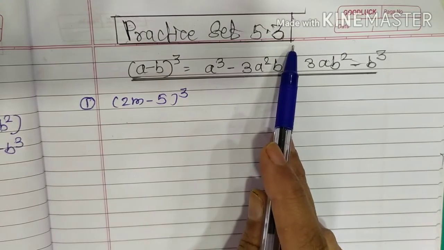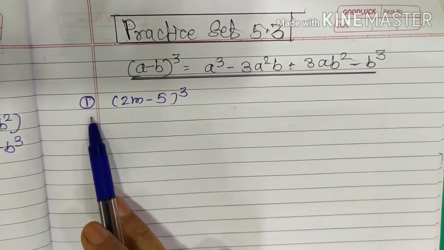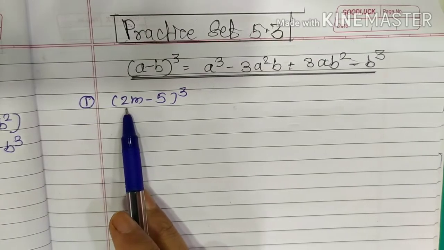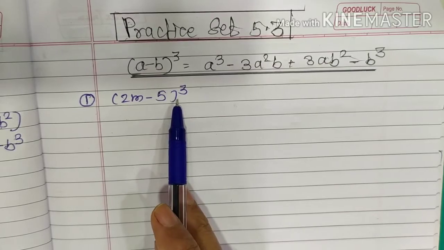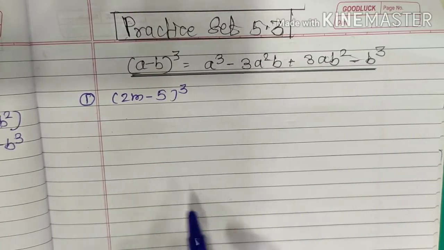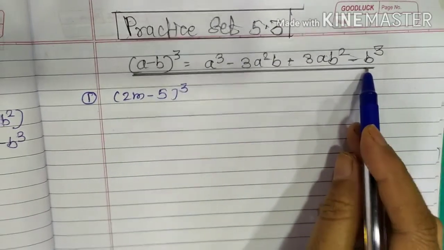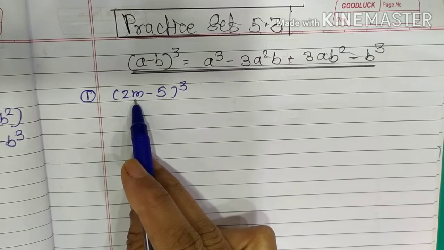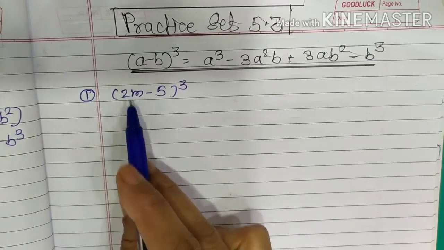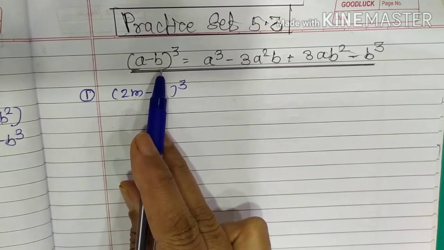Practice set 5.3. Question number 1. Expand. Example number 1: (2m minus 5) cube. Let's expand this given example by using this formula. So 2m is the first term, that is a, and 5 is the second term, that is b.